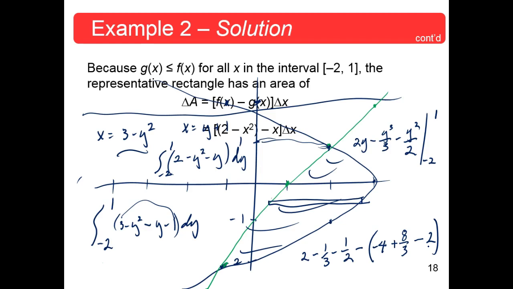Now, let's clear the parentheses. That would be a 2 minus 1/3 minus 1/2 plus 4 minus a minus minus 8/3 plus 2, taking this minus across the parentheses, distributing it across there.